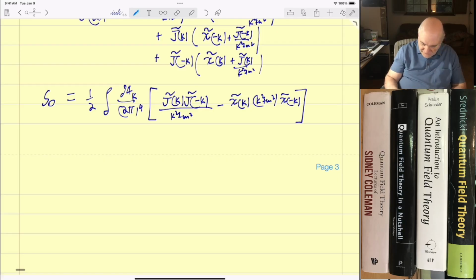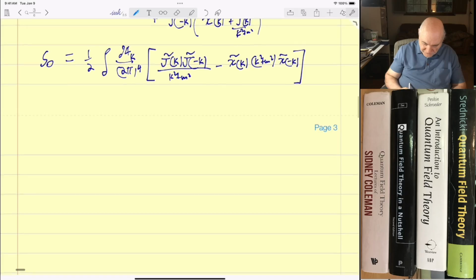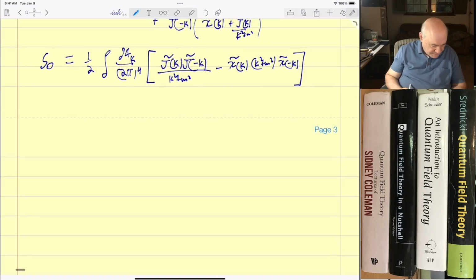Now here we're in the exact same situation as we were with the harmonic oscillator, but I'll write it out again. There's no dependence in the first term on chi, so when we do the path integral, this just comes out.